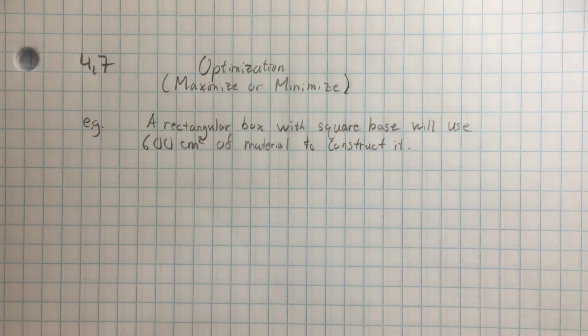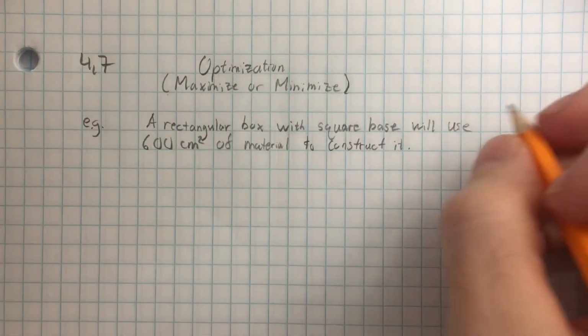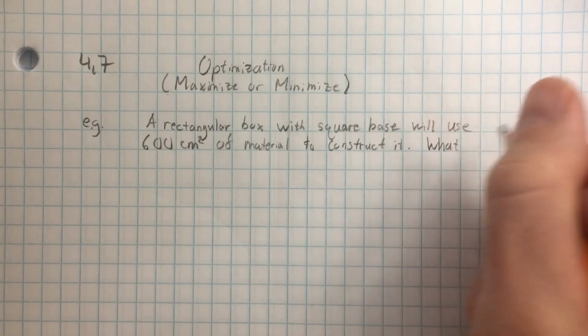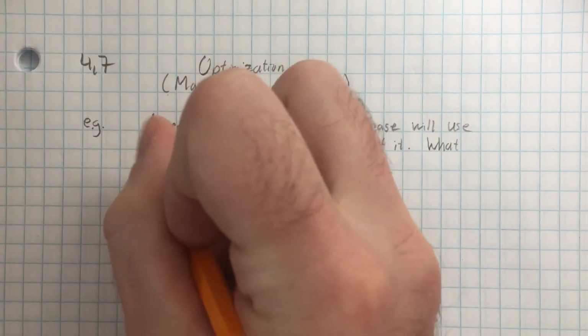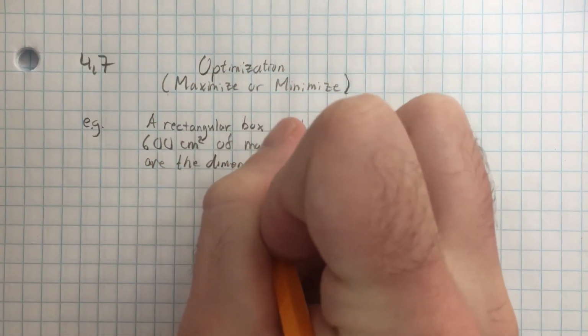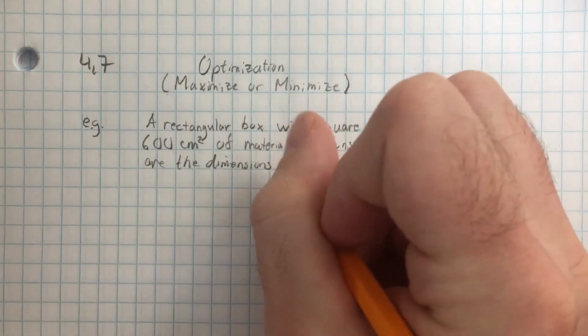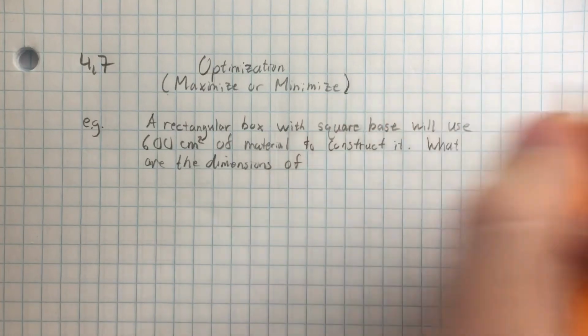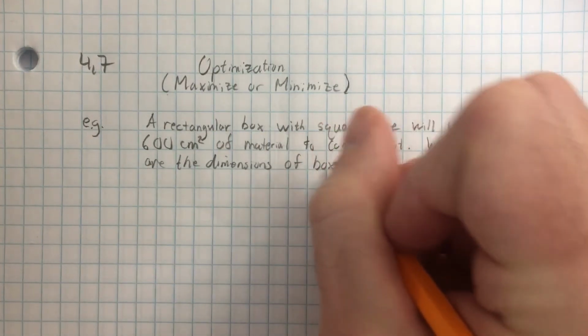And we want to know how to construct it. What are the dimensions of the box? I.e. length, width, and height. What should they be? So that it will contain the most volume.